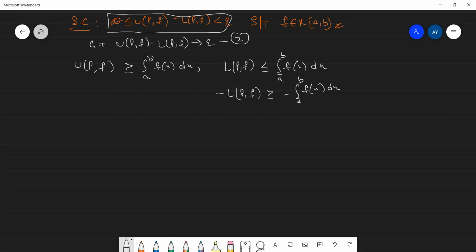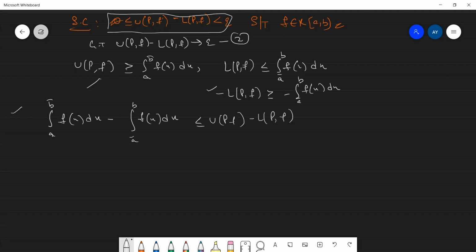So from these two relations, what can we write? We can write the upper integral from a to b of f(x) dx minus the lower integral from a to b of f(x) dx is less than or equal to UPF minus LPF. From these two relations I got this step. And what is UPF minus LPF?